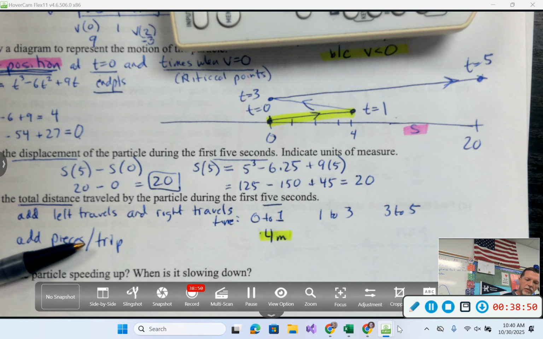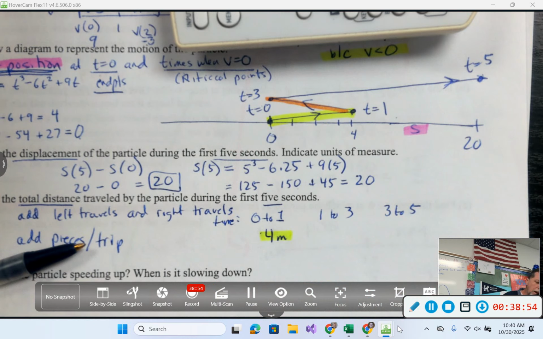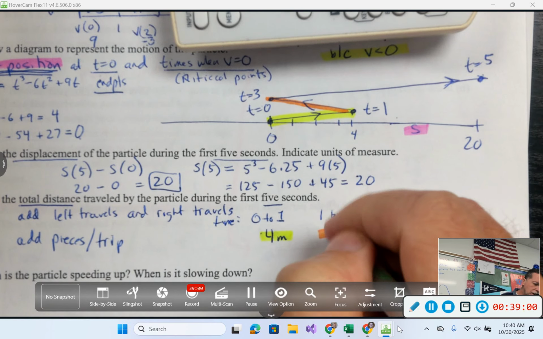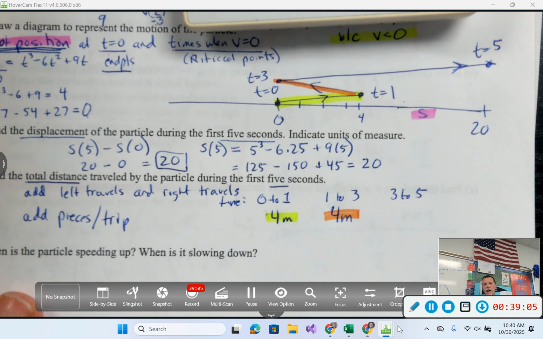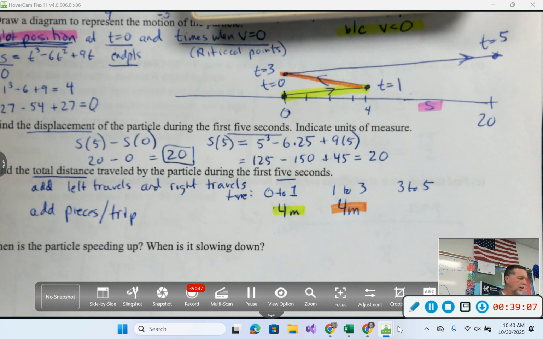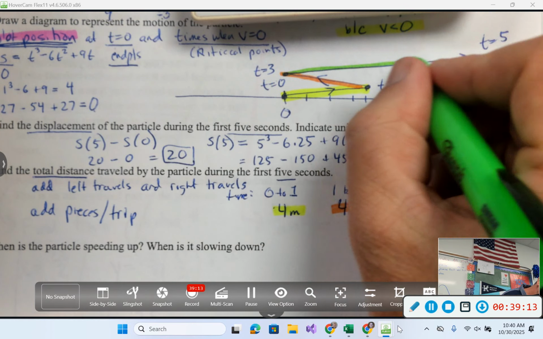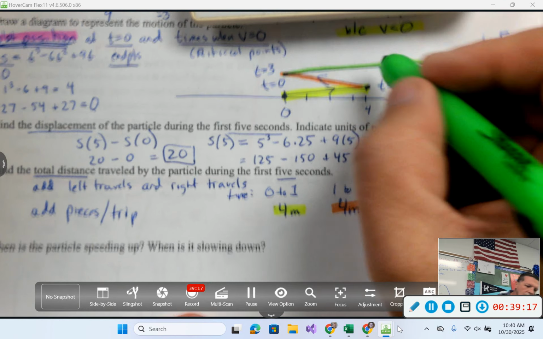Alright, from 1 to 3. Direction doesn't matter, just how far did we go from time equals 1 to time equals 3. Also 4. And then how far did we go from time equals 3 to time equals 5? That was 20.